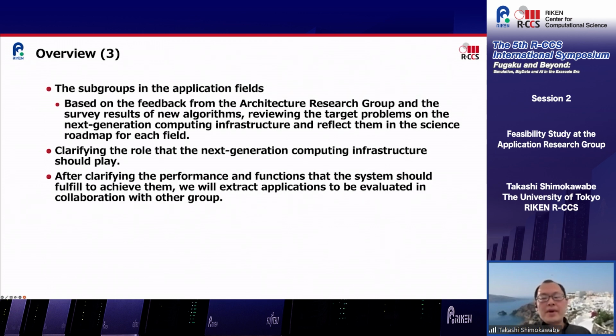Based on the feedback from the architecture research group and the survey results of the new algorithms, the subgroups in the application field review the target problems on the next generation computer infrastructure and reflect them in the science roadmap for each field.